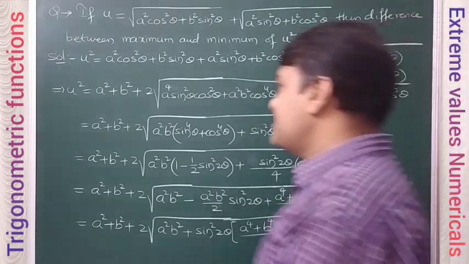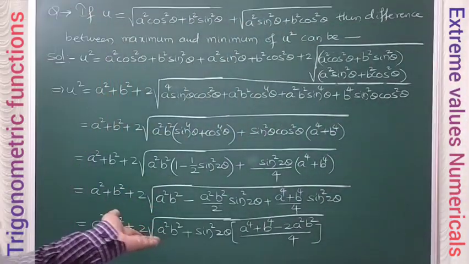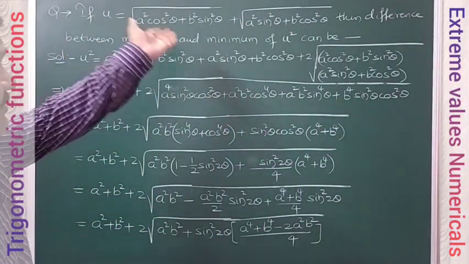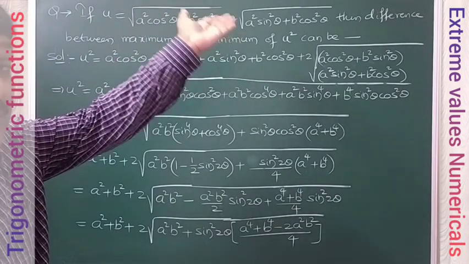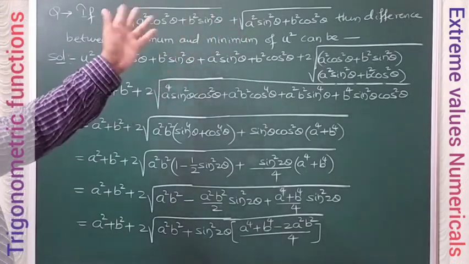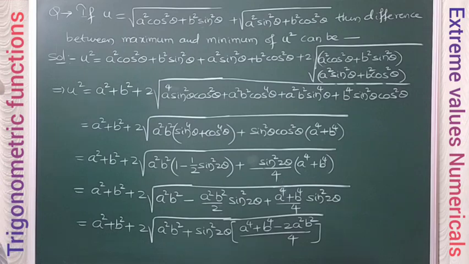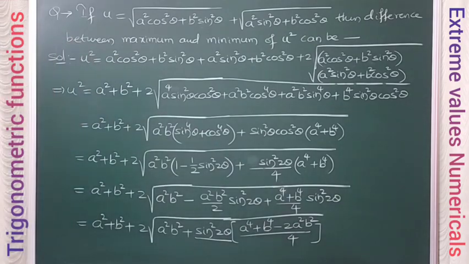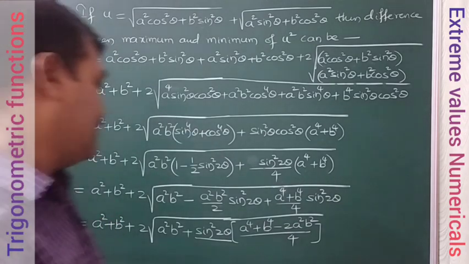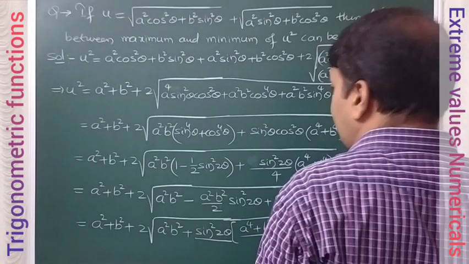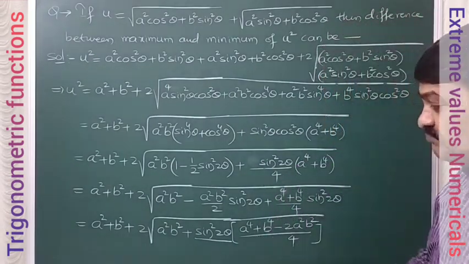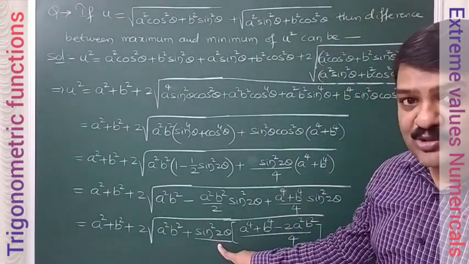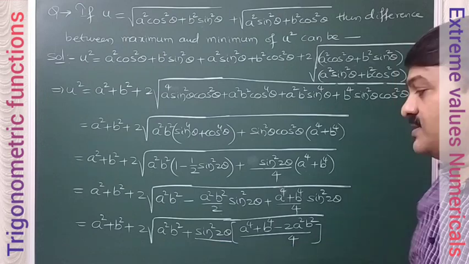Now clearly, this is u square value of course. And if you need the maximum and minimum values of u square, then you can take the difference of them. Now clearly you can see that you have a sin square function here. So the minimum value will be obtained when you take sin square 2 theta as 0.